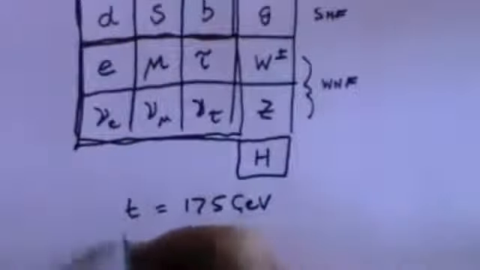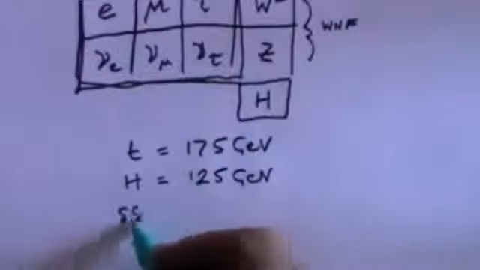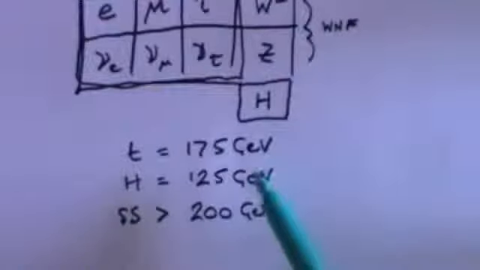The Higgs, which was recently found, is 125 GeV, and we needed the Large Hadron Collider to find that. So if we've got supersymmetric particles which are greater than 200 GeV, which would make them very massive, then small wonder they haven't been discovered yet, because we're only just getting into that kind of a range.